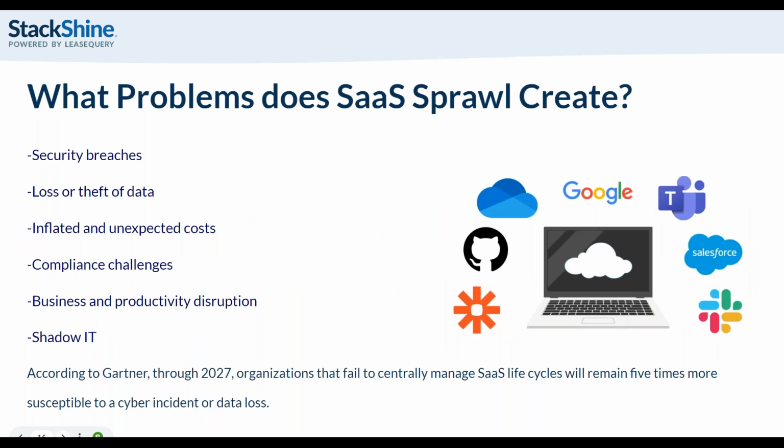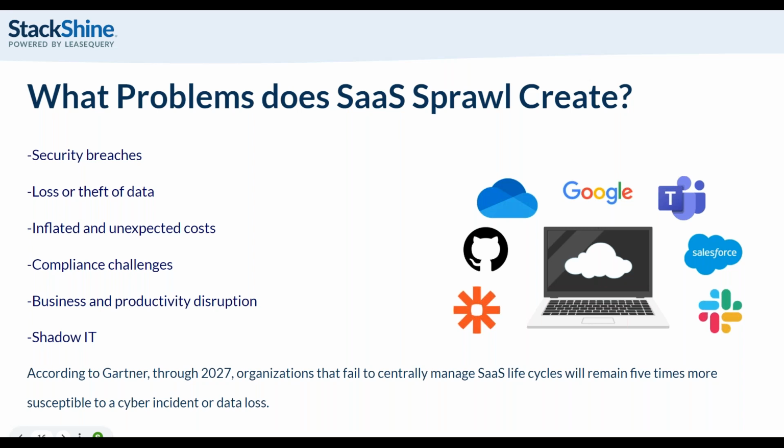So what problems does this create for you as an organization? Well, quite a lot. Security breaches is one of the top problems that SaaS sprawl creates because these different SaaS applications have a lot of confidential data within them, and that needs to be protected. It can cause loss or theft of data since you have a large number of unverified apps.